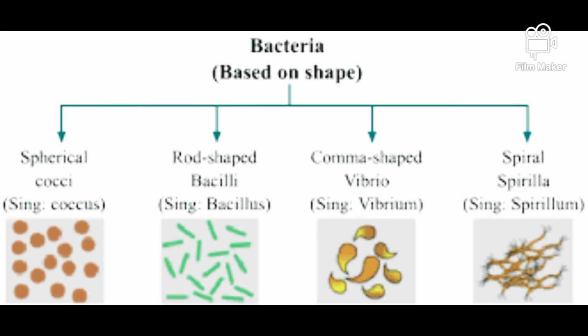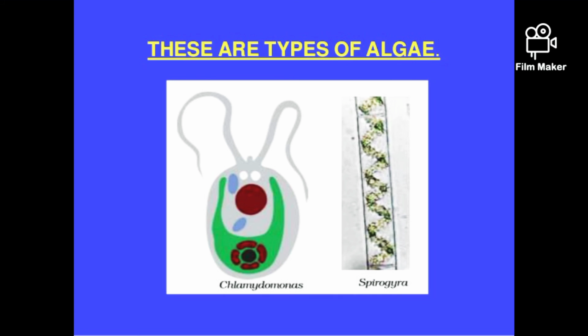Now we will study some examples of algae. We can see in the video Chlamydomonas and Spirogyra. These are some types of algae which we can recognize under the microscope. Now we will see some types of protozoa.